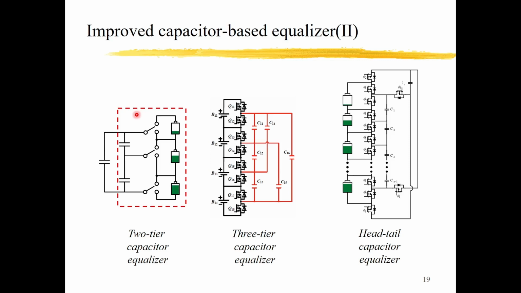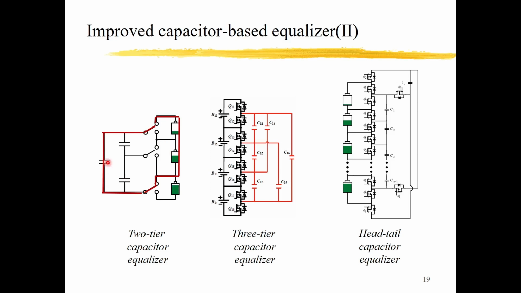This improvement addresses what I just said: the energy or charge transference only happens between the neighbors. Here is an original system, and if we add a second tier capacitor here, then for this capacitor, if the switches are connected to the lower terminal, this capacitor is attached to these two batteries, and when the switches are connected to the upper end, this capacitor is connected to the upper two batteries.